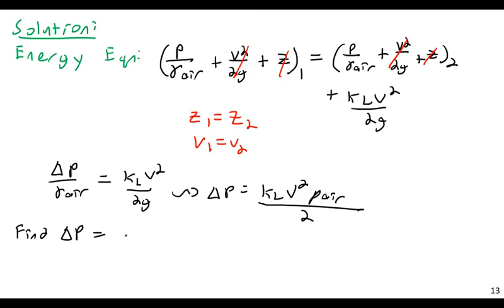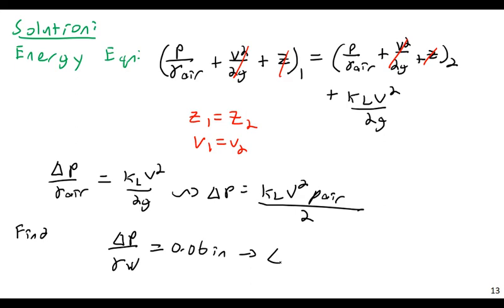Actually, not quite, sorry. Let's find delta P. We're told that delta P over gamma W is equal to 0.06 inches.